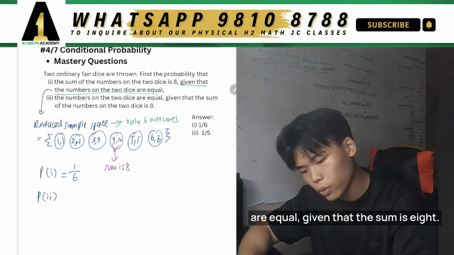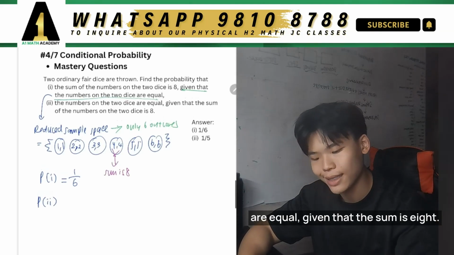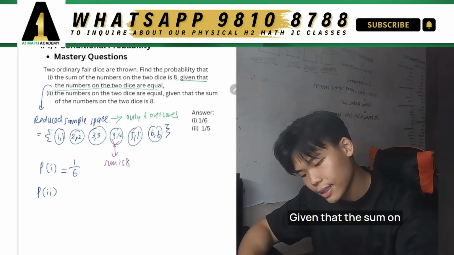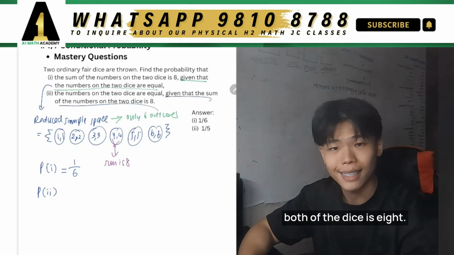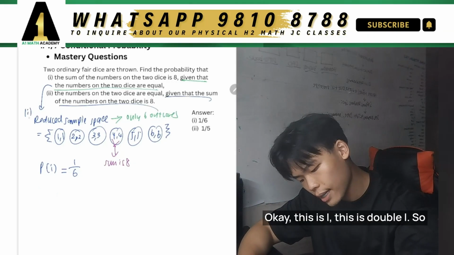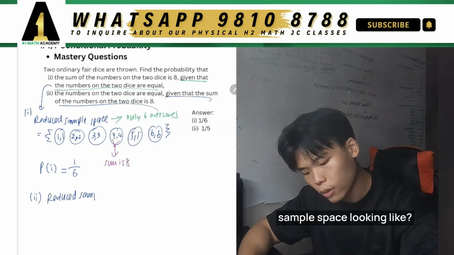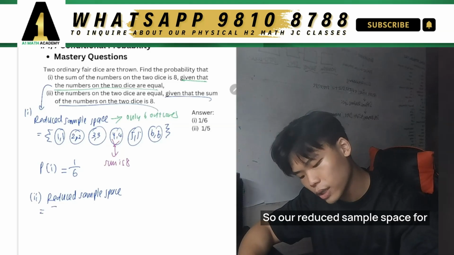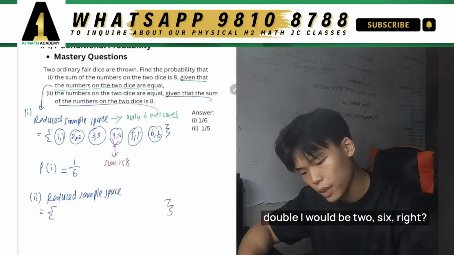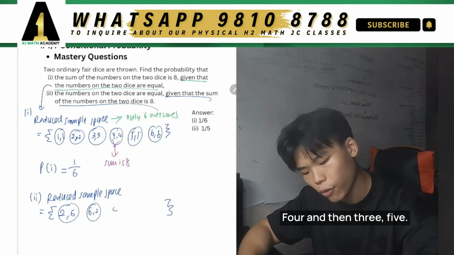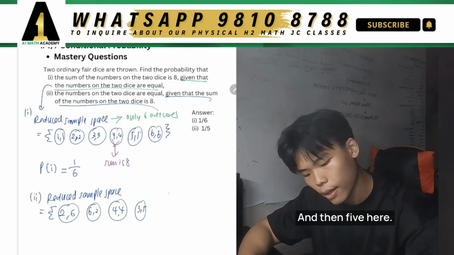Okay, now for the next portion, (ii). Both are equal, given that the sum is 8. So now this one is the reverse, right? Given that the sum on both of the dice is 8. This is (i), this is (ii). For (ii), what does our reduced sample space look like? Our reduced sample space would be 2,6, 6,2, and then 4,4, and then 3,5, and 5,3, right?